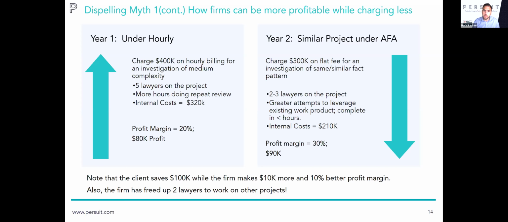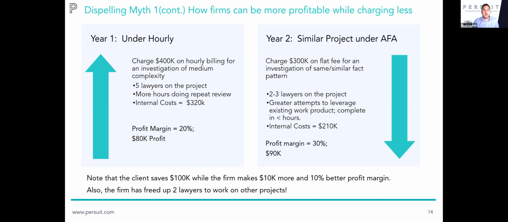Year 2, same project essentially, under a flat fee for an investigation of a same or similar fact pattern. And this time the client agrees to a $300,000 flat fee with the law firm. This time the law firm is going to make $100,000 less in revenue, but the law firm is going to bring in some more junior resources potentially. They're going to do things more efficiently, so they'll take less hours to complete certain tasks.